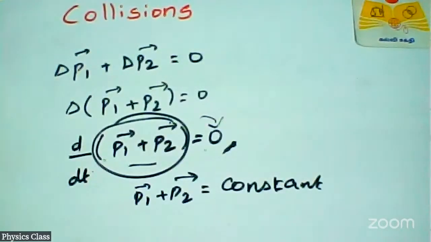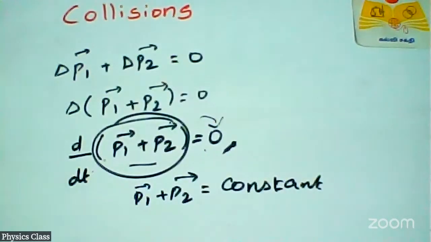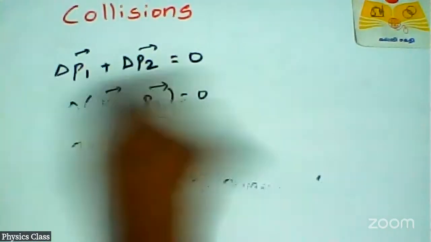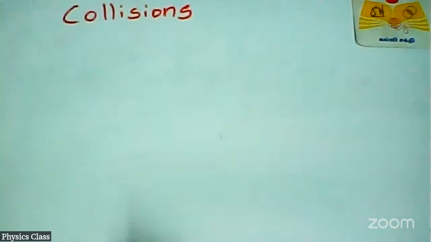Momentum is a vector quantity. Vector addition has to be followed to find the total momentum. So that is why I am saying that total linear momentum is conserved in all processes, because of this step. Now we are going to another step: types of collision.